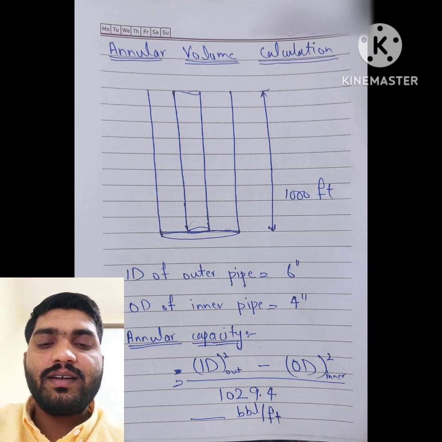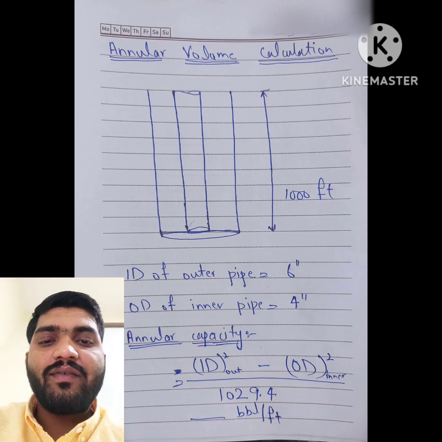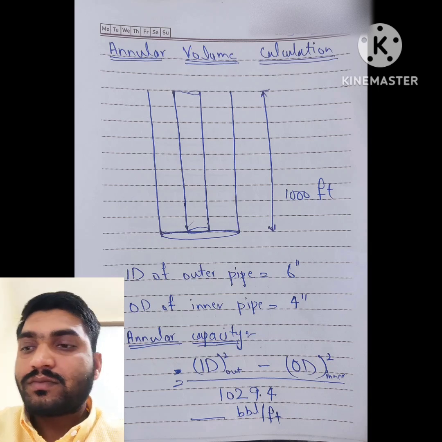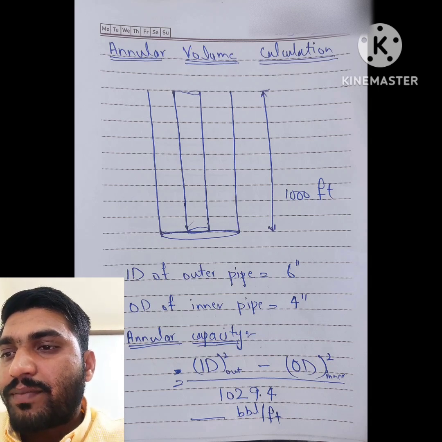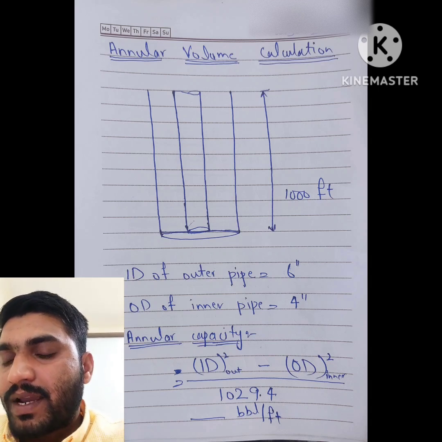To understand this calculation, let's see this diagram. Here we have an example, and with this example we will understand how to calculate the annulus volume. In this diagram we have drawn an annulus, that is, an outer pipe and an inner pipe.